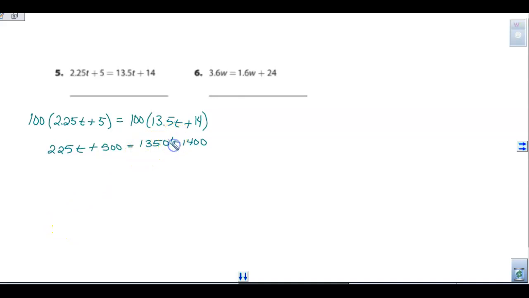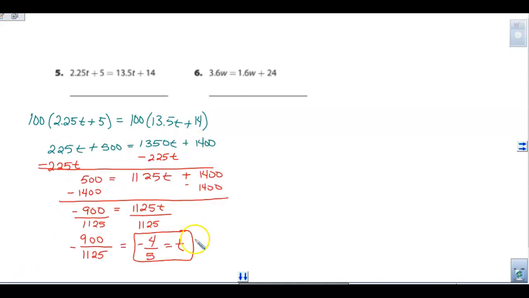Let's see, forgot my T. Solve for T. At the end, you should have gotten -4/5 equals T. And because it's in decimals, we're actually going to change this to a negative 8/10 T, because if you take negative 4 divided by 5, you get negative 8/10. Okay? And there's your solution to that.